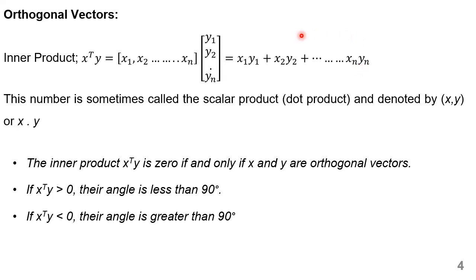And this is usually called the scalar product or the dot product. You define it in the bracket x comma y or x dot y.